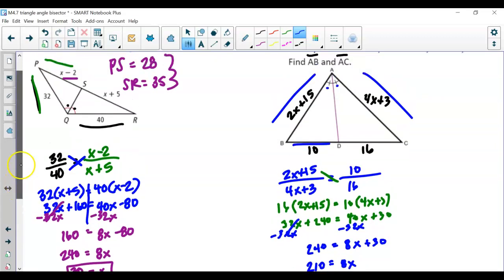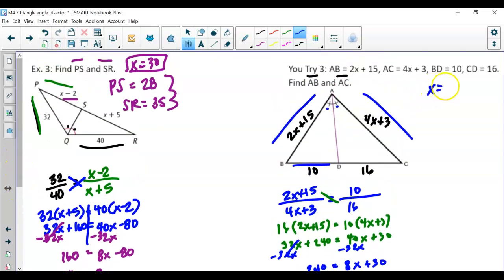So if x is 26.25, right? So now here I've got AB is 2 times x, or 2 times 26.25 plus 15. So here now you've got 26.25 times 2, and you should have gotten 52.5 plus that 15.